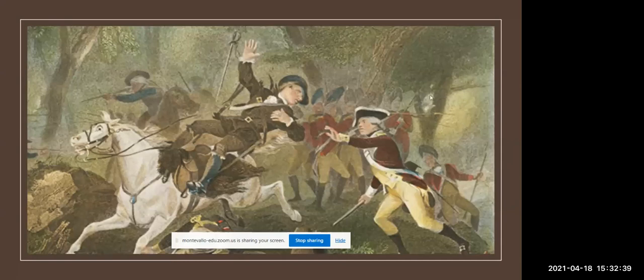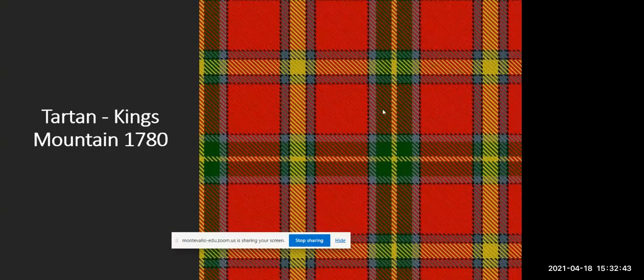And also, what I found interesting, there is a specific tartan for those Scots who died or served at Kings Mountain. And this is a tartan registered with the Scottish Register of Tartans. And this tartan may be worn by a descendant of those whose ancestors fought on either side at the Battle of Kings Mountain.